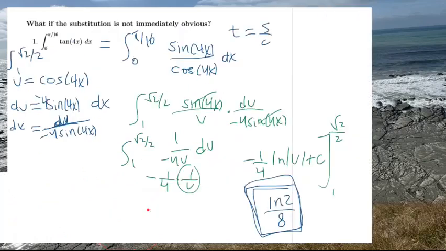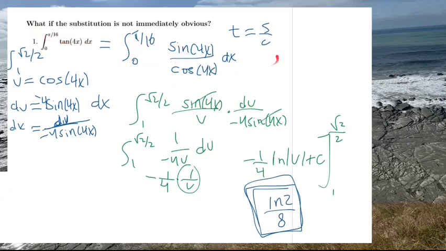All right. What if the substitution is not immediately obvious? So here's another example. I see this right here. Well, the only options are tangent 4x, but that wouldn't change anything. And if we did 4x, that also wouldn't change anything, so what we actually have to do is change this to sine over cosine because tangent equals sine over cosine.